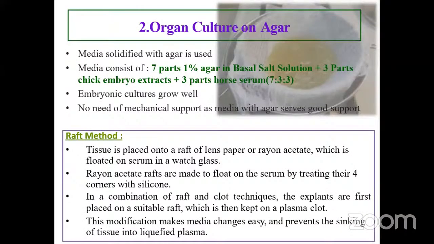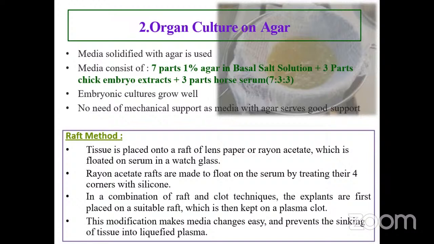Second is organ culture on agar. Here the agar is solidified and used as a substrate. We take 7 parts of 1% agar in basal salt solution, 3 parts of chick embryo extract, and 3 parts of horse serum, a 7:3:3 ratio.